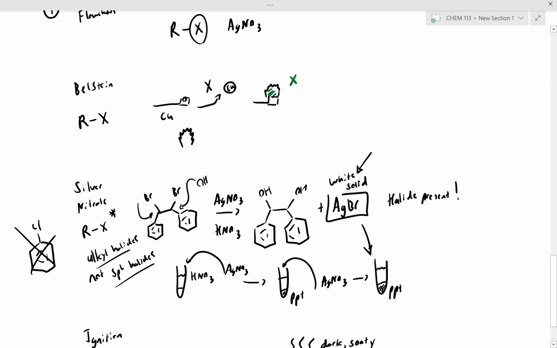So we're going to take our organic compound, dissolve it in nitric acid, and add silver nitrate. If our precipitate persists when we add silver nitrate, that is a sign that we have our silver halide precipitate and we have a halogen present. Does that idea make sense to everyone?